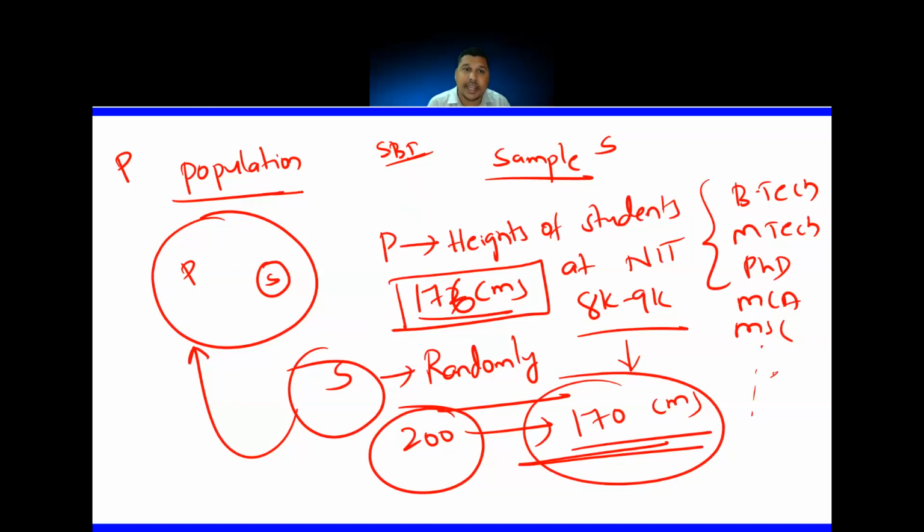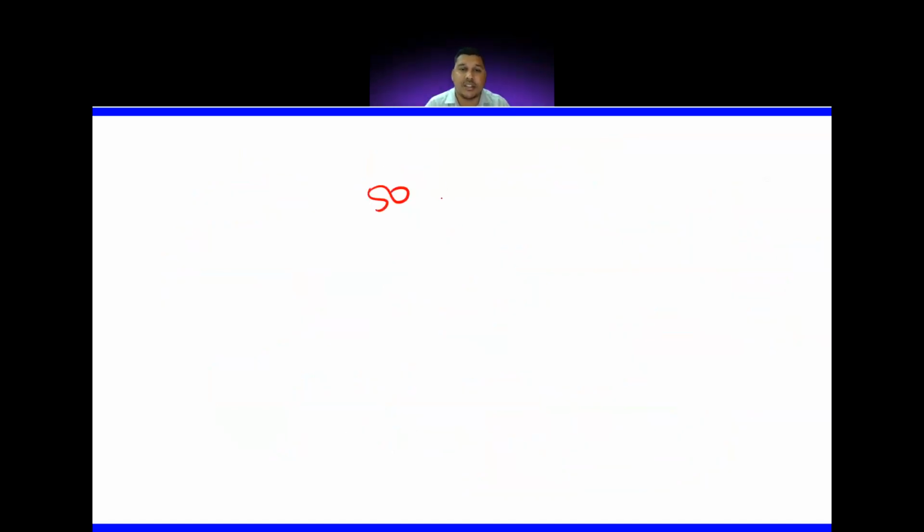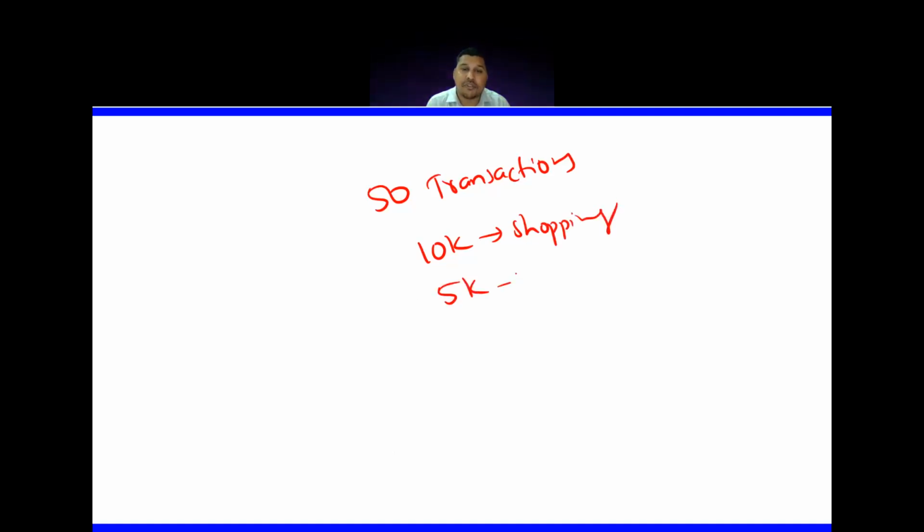Okay, so take SBI customers. If I take 50 customers' transactions, maybe I find that 10K is going for shopping, then maybe some 5K for groceries. Like this, they will find out for 50 customers using their one month of transactions.